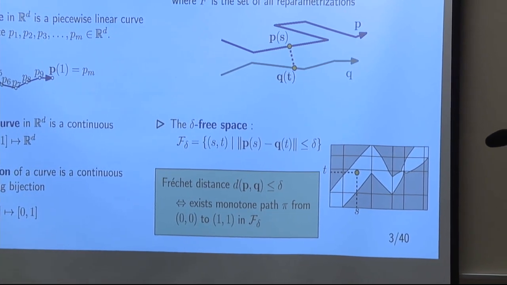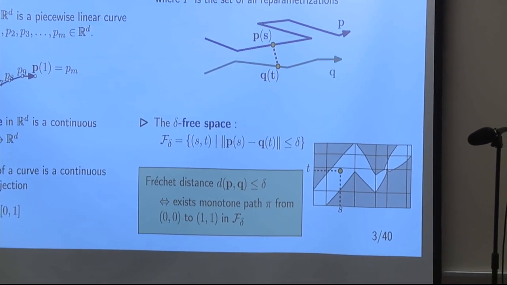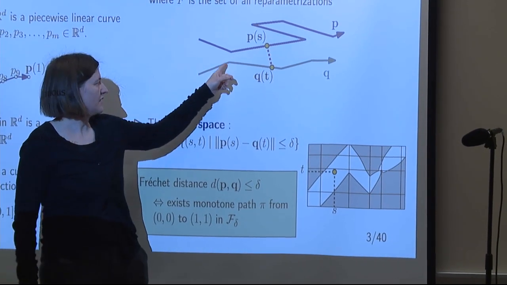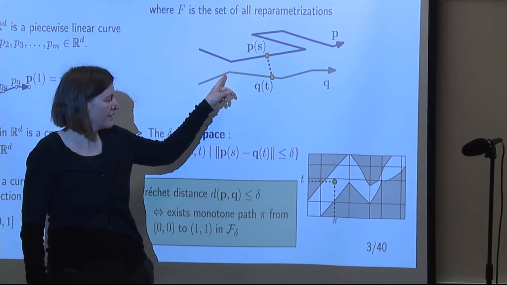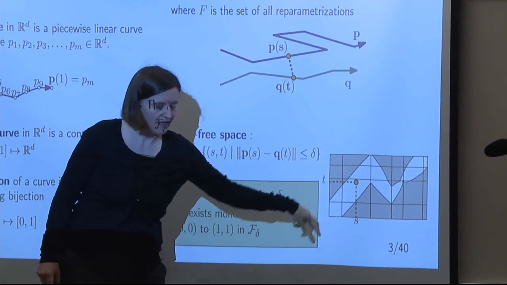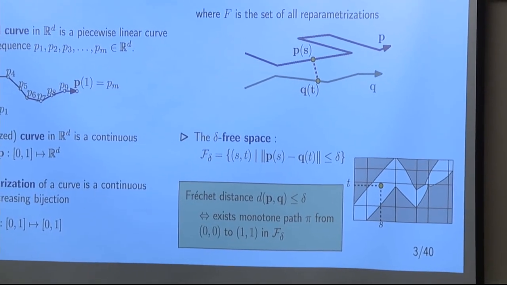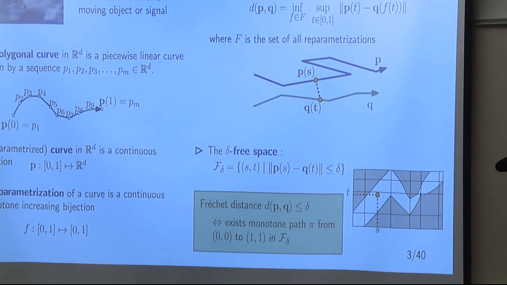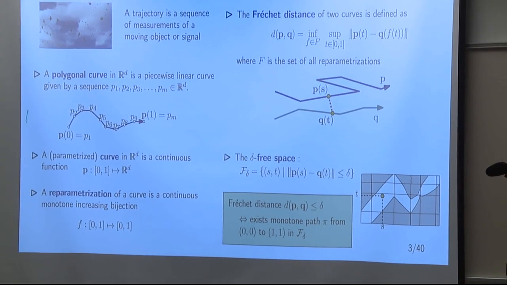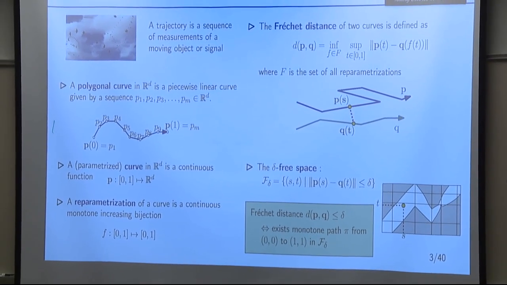The space is naturally decomposed at the vertices of the curves into this grid, and within every grid cell this free space is convex, and because of this we can easily compute whether there exists such a path.